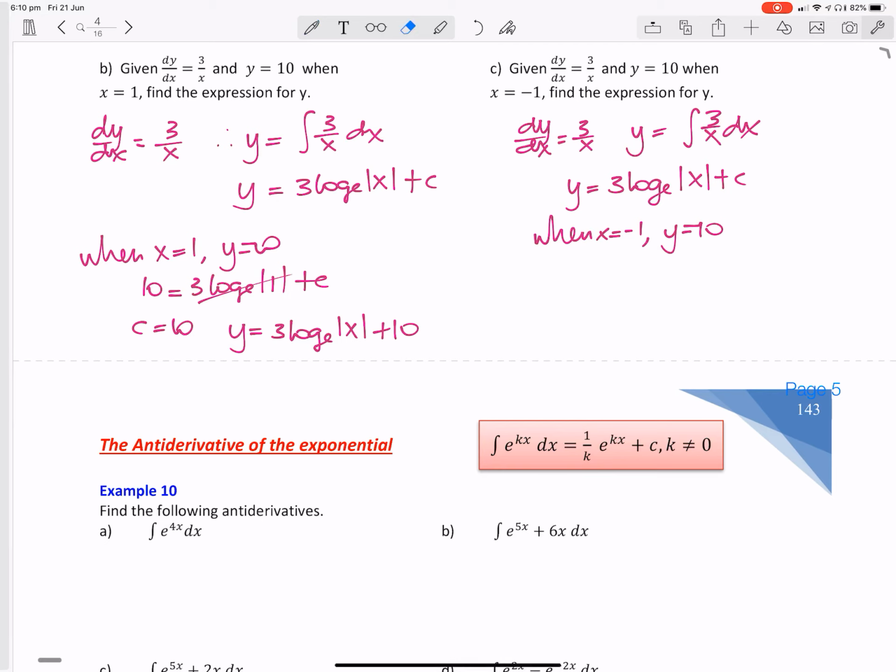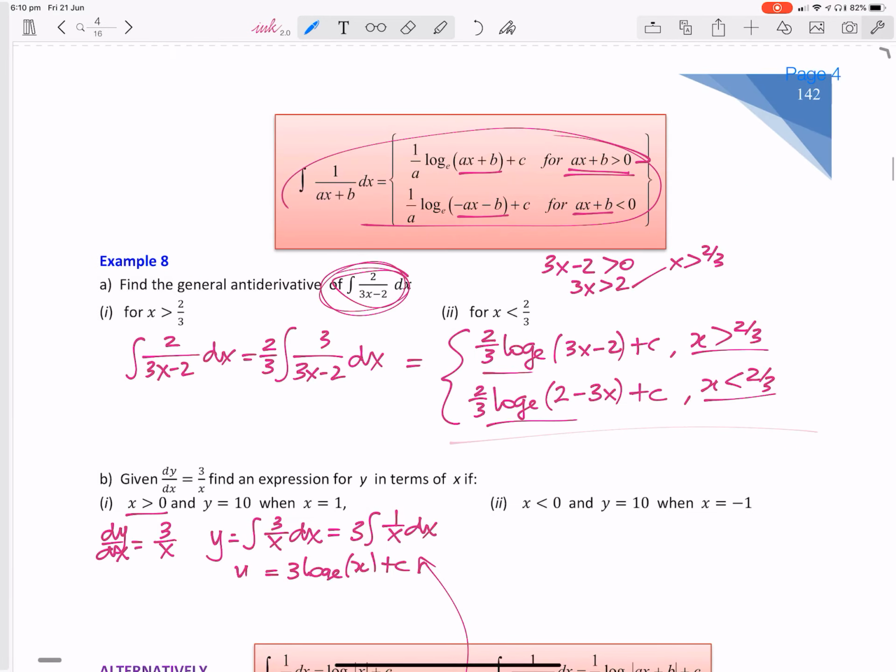So we get 10 is equal to 3 log e mod of -1 plus c. That's 0. So we get c is equal to 10. Y equals 3 log e mod x plus 10. So either way, you get exactly the same function.